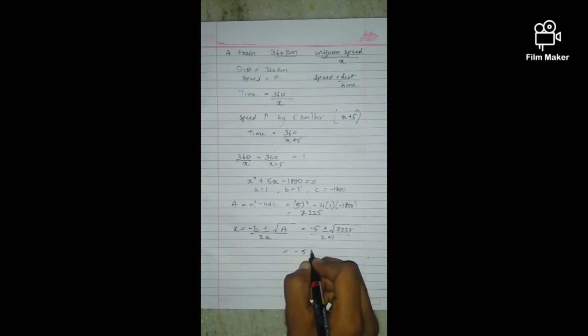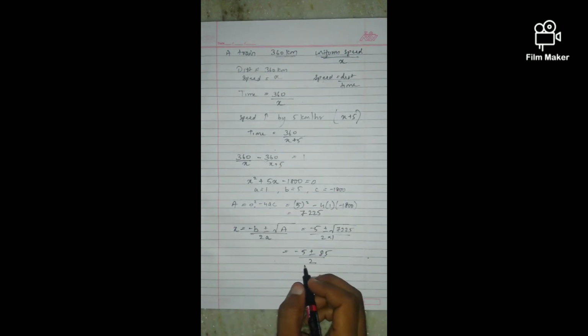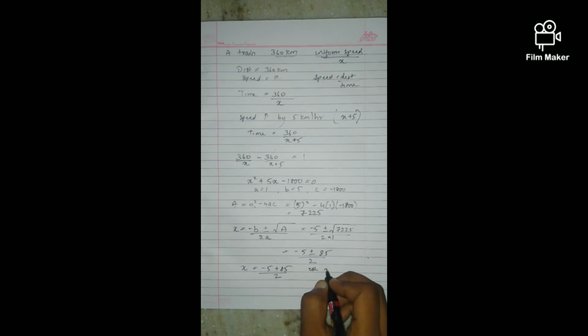Minus 5 plus minus the square root of 7225, which is 85, upon 2. So x can be equal to (minus 5 plus 85) upon 2, or x can be equal to (minus 5 minus 85) upon 2.